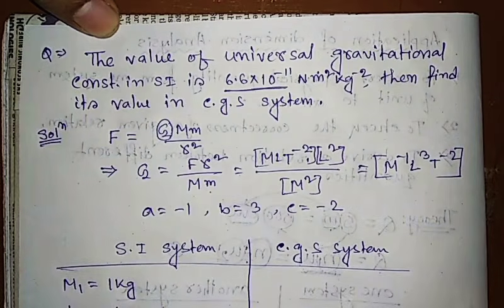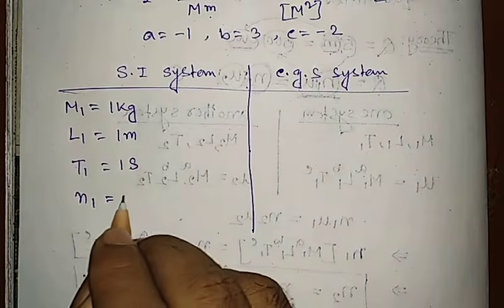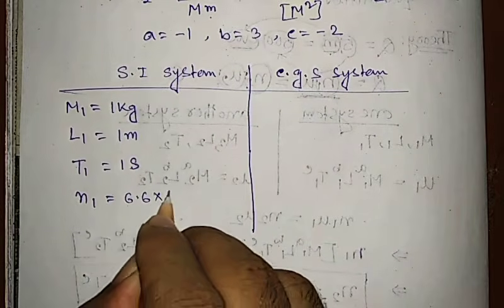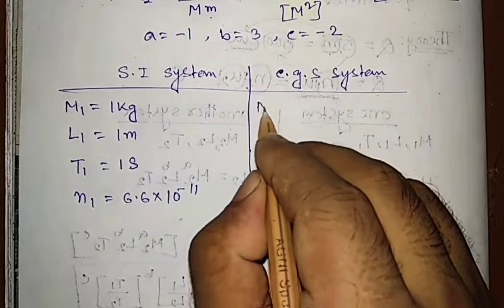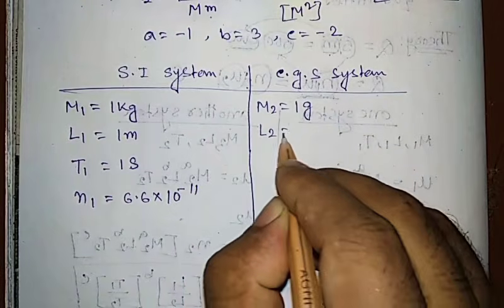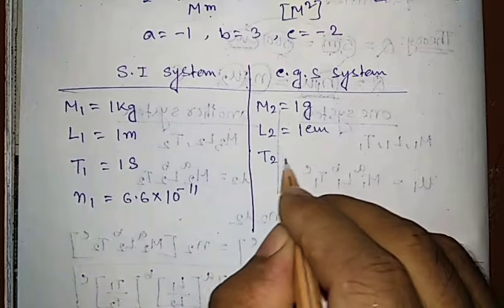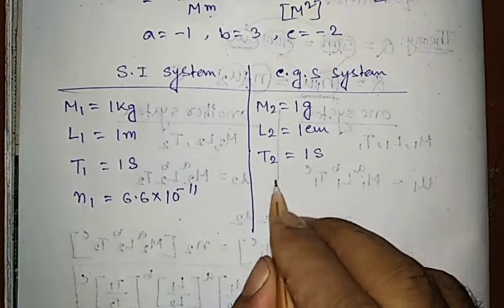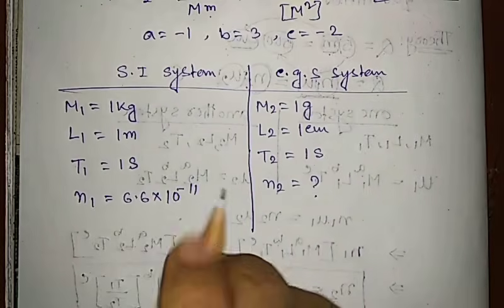This is 6.6 into 10 to the power minus 11. So we write it here: 6.6 into 10 to the power minus 11. Now M2 is equal to 1 gram, L2 is equal to 1 centimeter and T2 is equal to 1 second. Now N2 we have to find out.